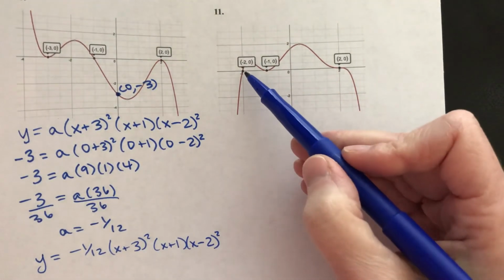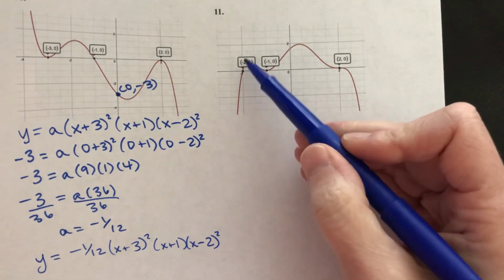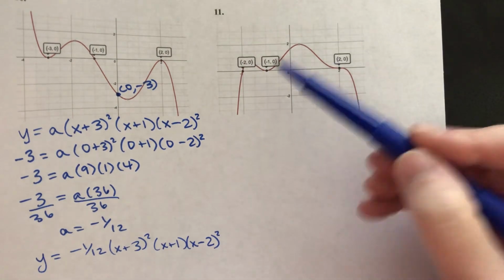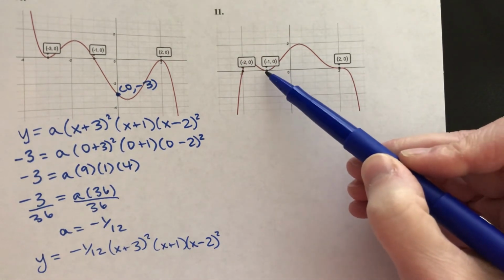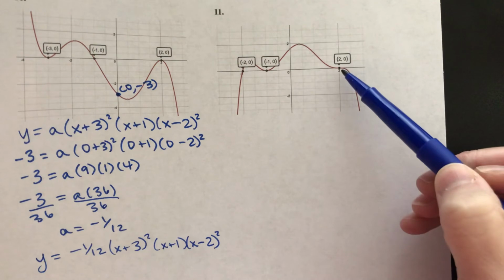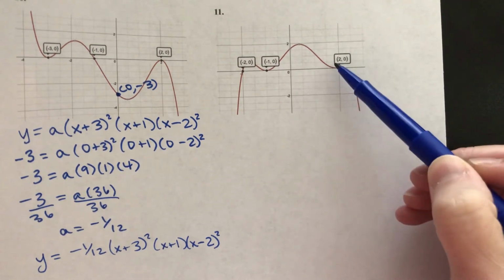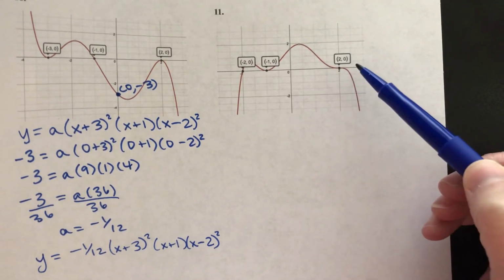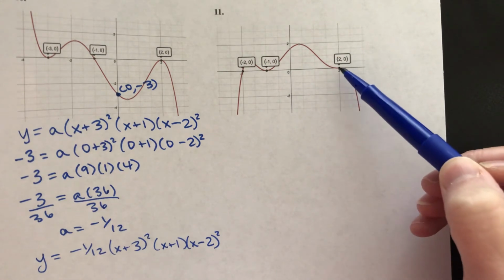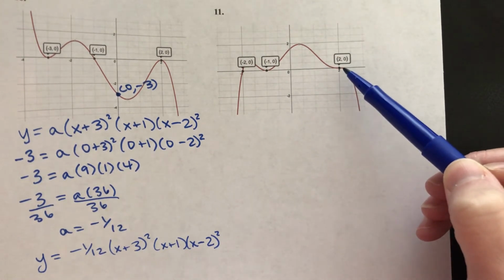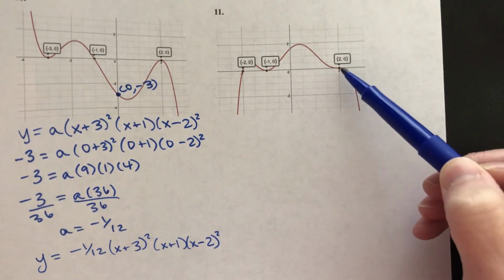I can tell that I have a root at negative 2 and it crosses there, so I don't have to worry about multiplicity. It has a root at negative 1 and it bounces, so that's to the second. And then if you look at 2, it crosses, but it has kind of a special look to it. It looks like a cubic, and so this is actually going to give us a multiplicity of 3 at this factor.